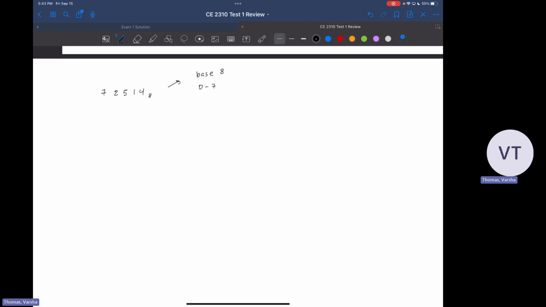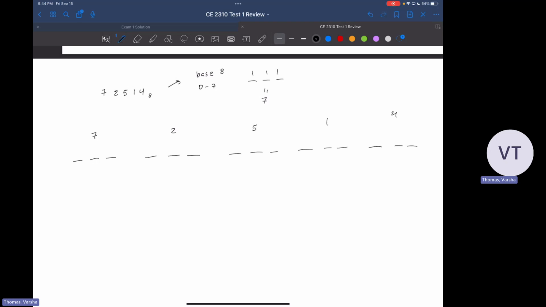For 0 to 7, you only need 3 bits because 1, 1, 1 in 3 bits is 7. The highest value is 7. So we have 3 bits to represent our 7, 3 bits for our 2, 3 bits for our 5, 3 bits for our 1, and 3 bits for our 4.